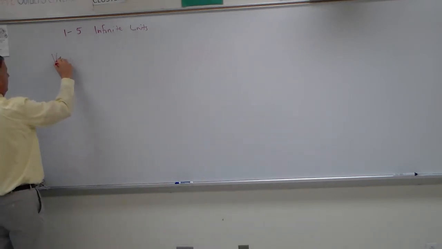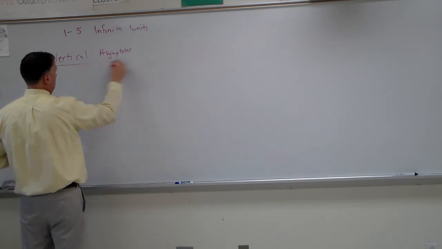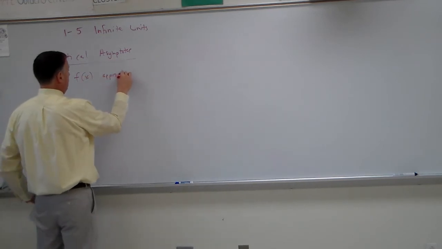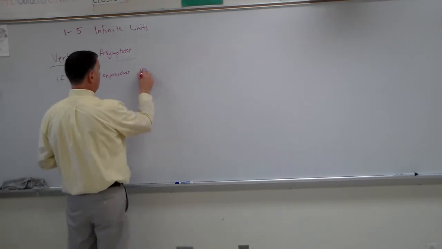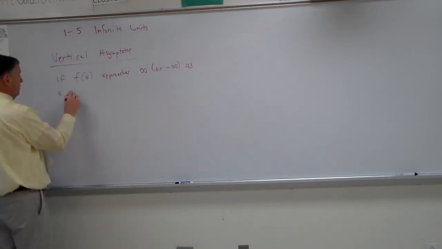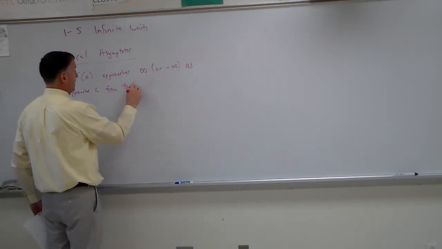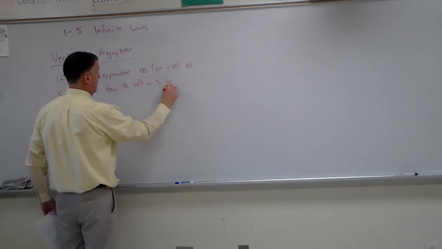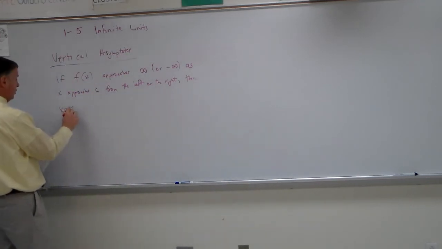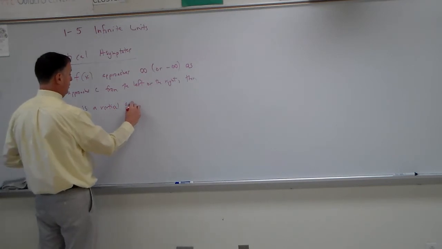So, vertical asymptotes. If f of x approaches infinity or negative infinity as x approaches c, from the left or the right, then x equals c is a vertical asymptote of the graph of f.